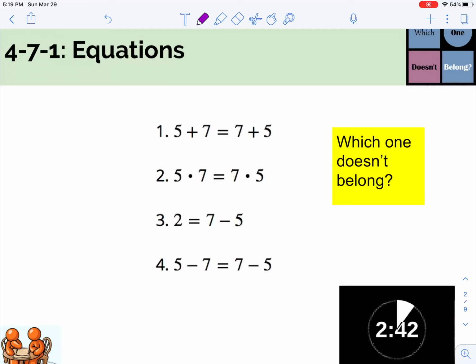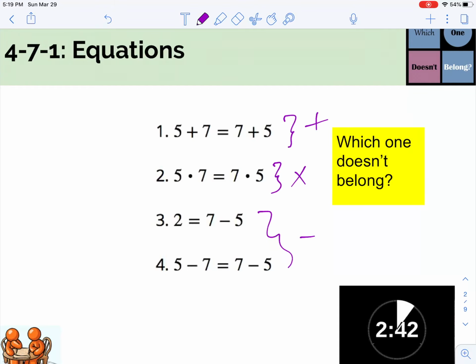Okay, so on this slide, they're asking which one of these equations doesn't belong. For each one of them, you could think of a reason and decide whatever you want, but they are all a little bit different, right? Like these two both have subtraction. This is multiplication and this is addition.